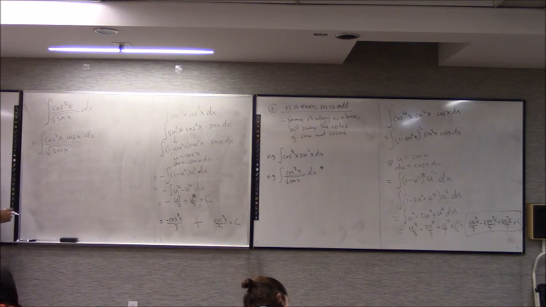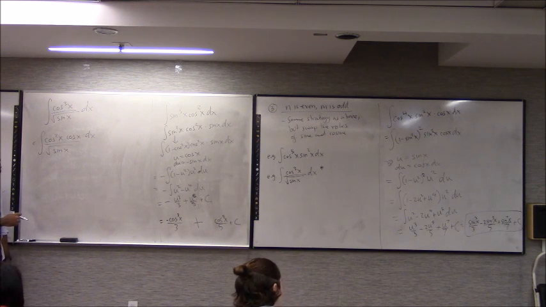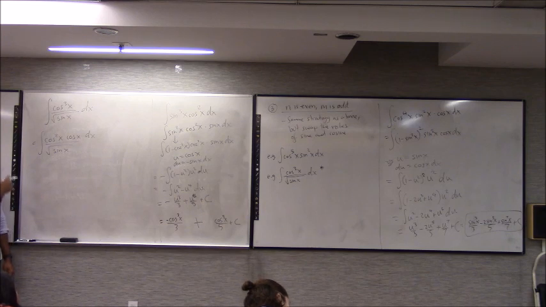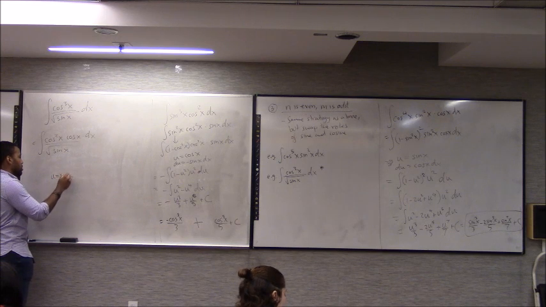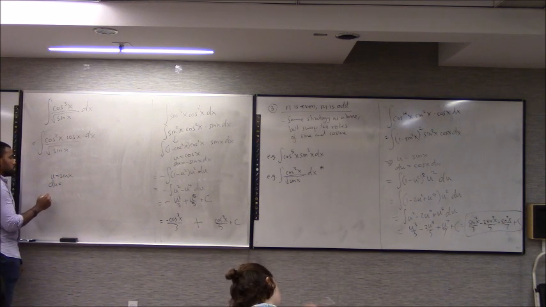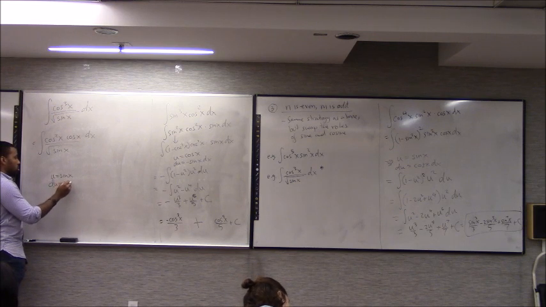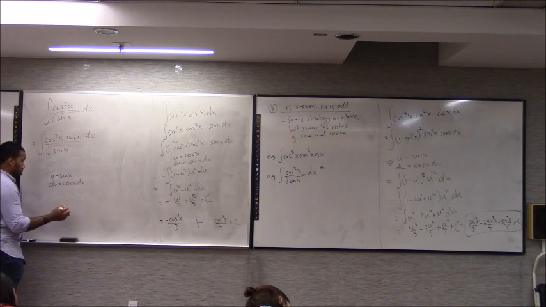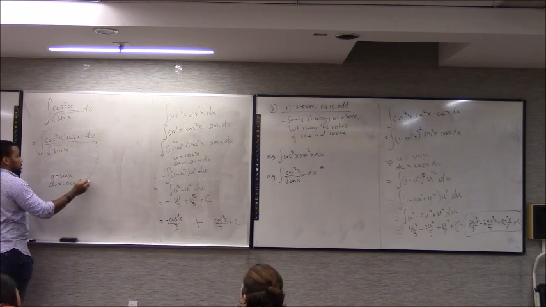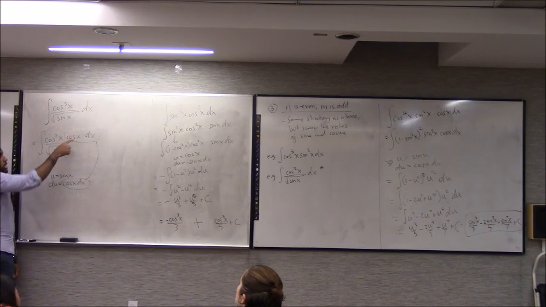So I guess your u would be sine x. Well, if you set u equals sine x, what's going to happen? Your du would be cosine x dx, which is that part here. So this is going to be the du. So you now have to figure out what to do with this guy.